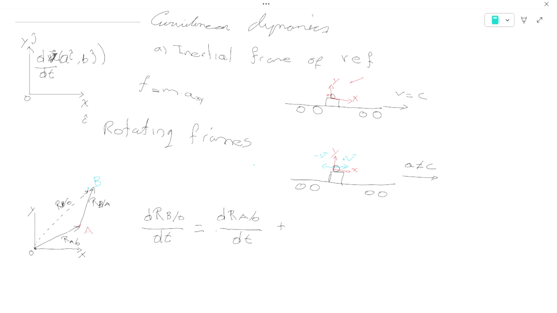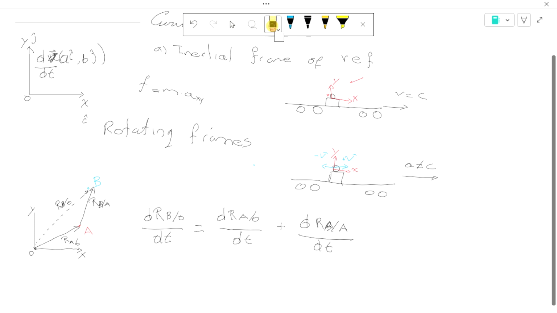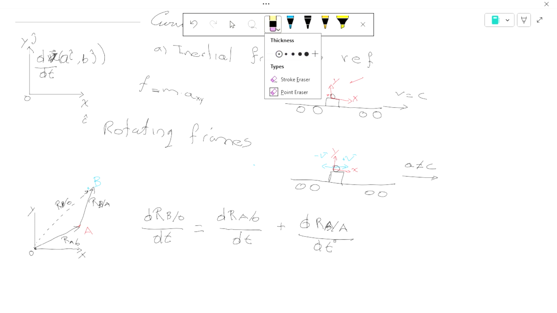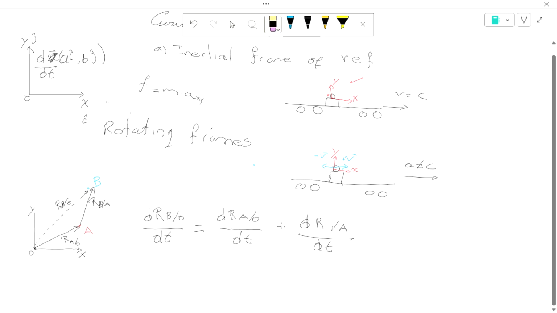plus the distance of B to A with respect to time. Okay, so let me clean that up a little. So this is B, this is velocity. In case you want to see the notes later on, you remember.